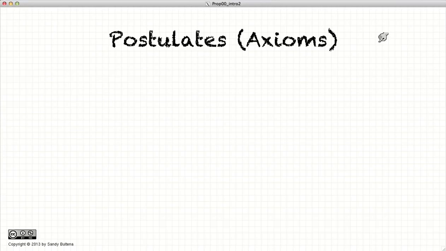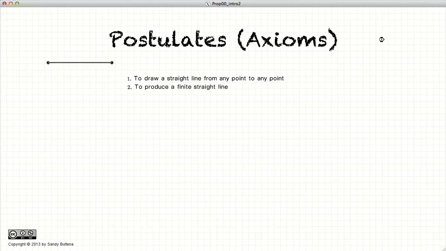So what were Euclid's postulates or axioms? Well, the first one is that it is possible to draw a straight line from any point to any point. The second one is that if you have a straight line, it is possible to extend this straight line in either direction for as long as you want to or need to, even to infinity.